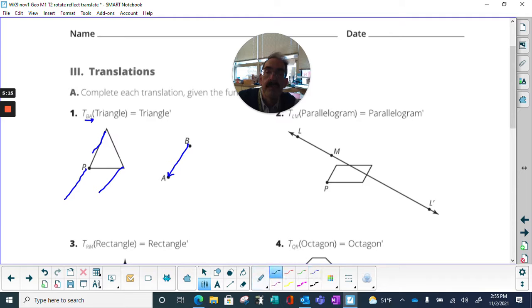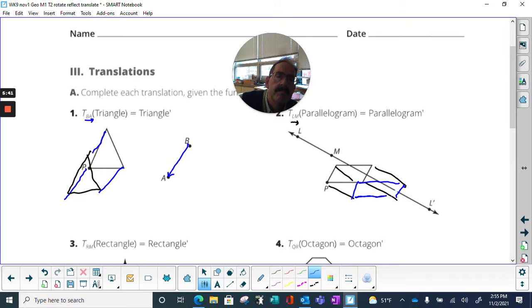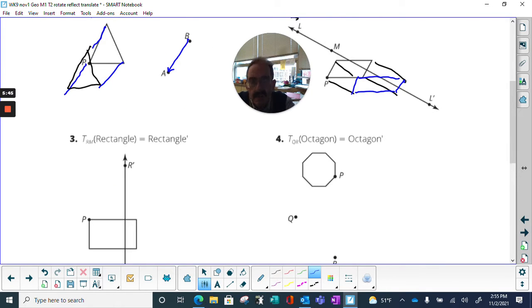Translate from L toward M, this distance, and then we'll draw it. So you try those, that amount of distance.